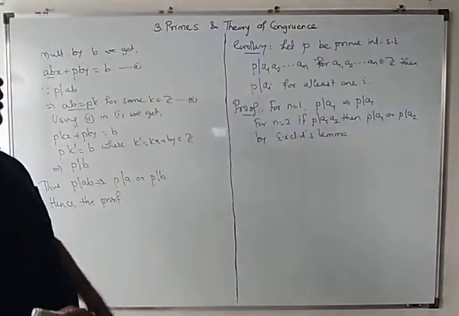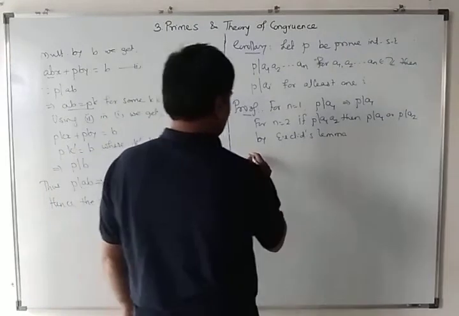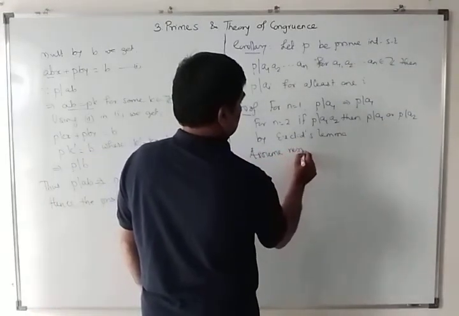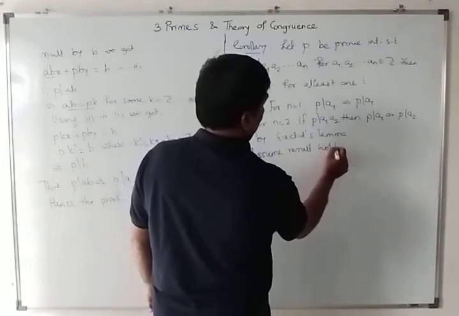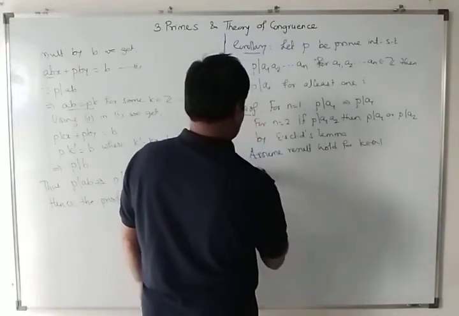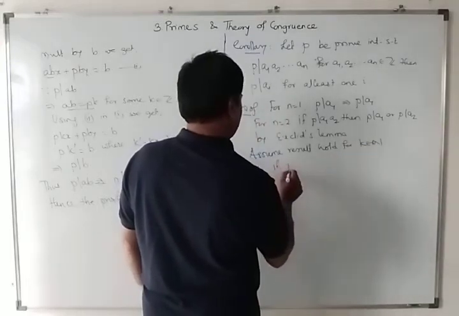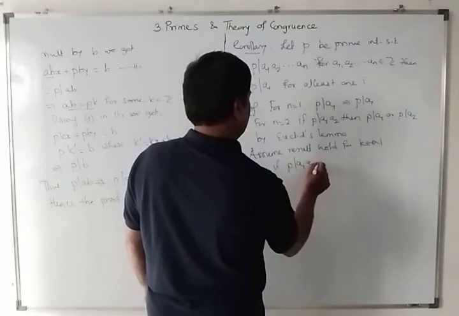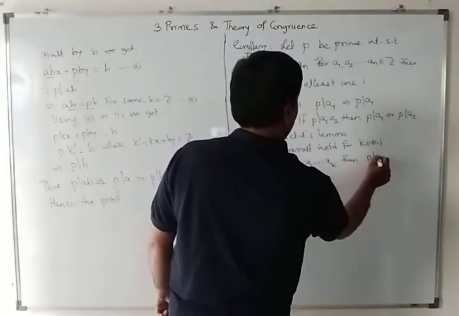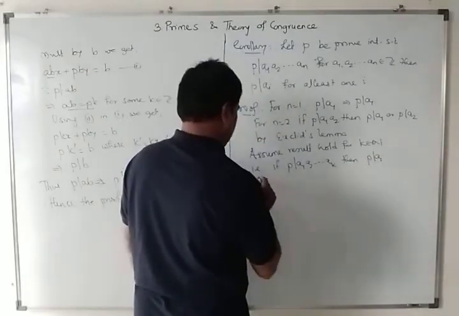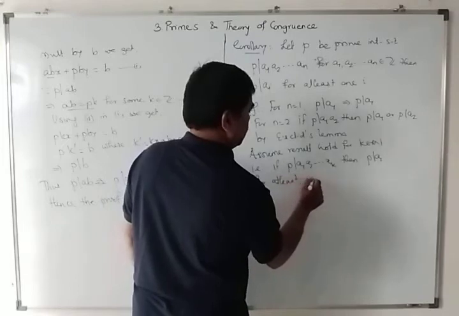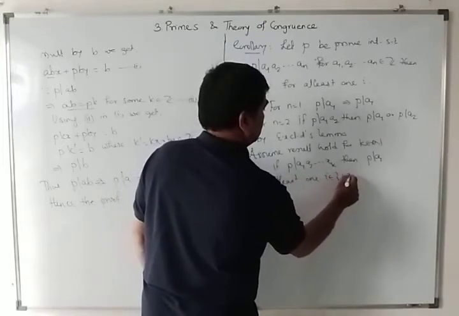Assume the result holds for k. That is, if p divides a1 a2 up to ak, then p must divide ai for at least one i belonging to 1 up to k.